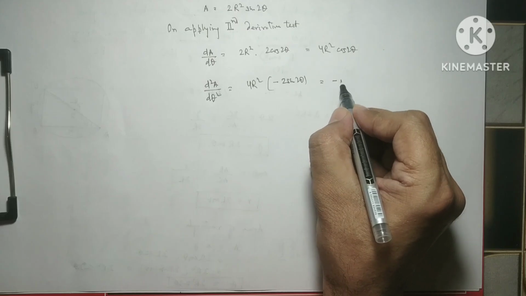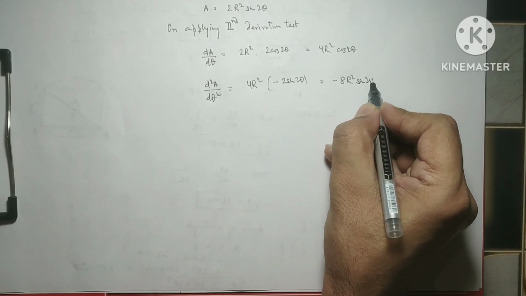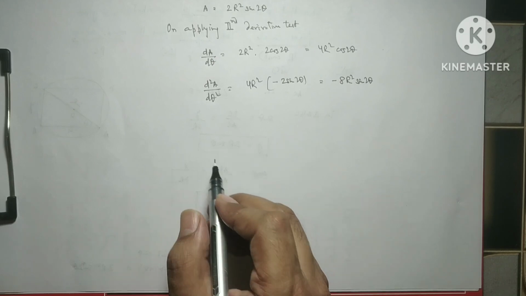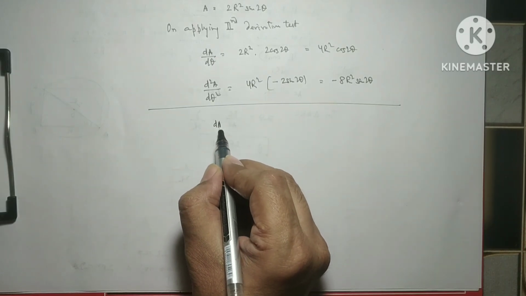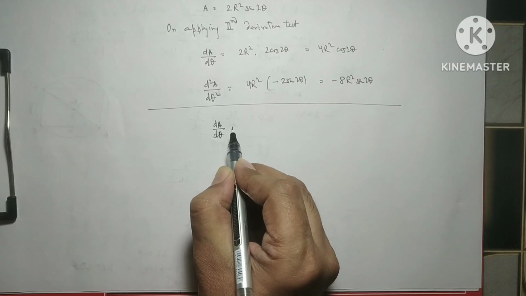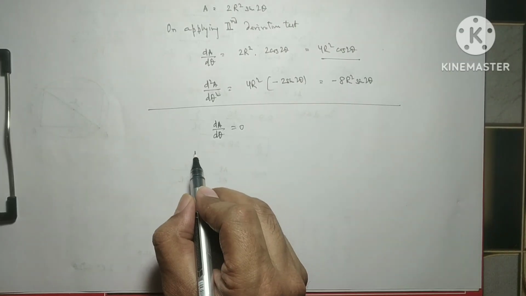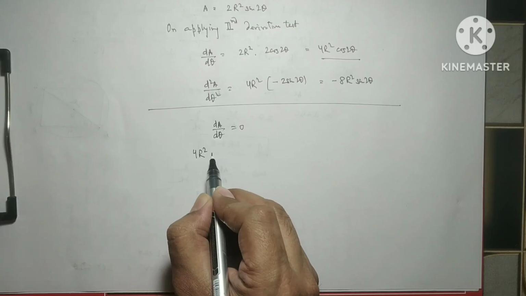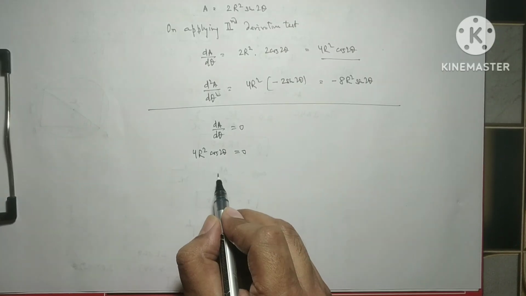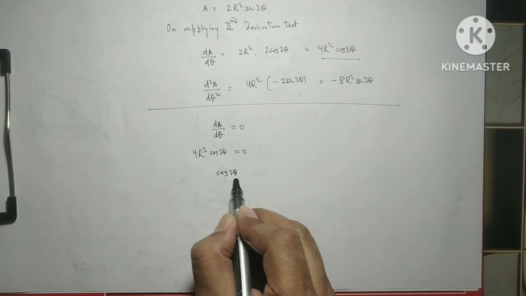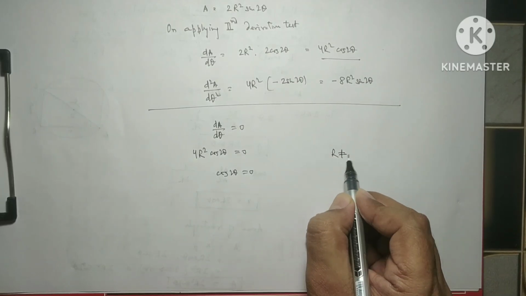That results in minus 8r square sin 2 theta. So first we put dA over d theta equals 0. So 4r square cos 2 theta is 0. It means cos 2 theta should be 0 because r can't be 0.